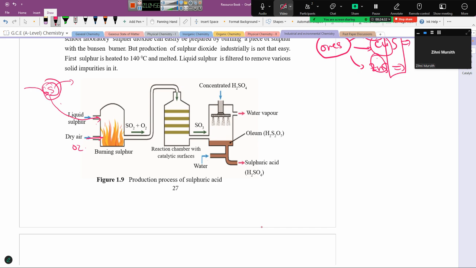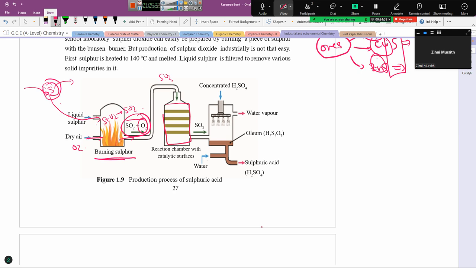The reaction happening in this chamber is the burning of sulfur: sulfur plus O2 becomes SO2. Now SO2 gas comes through this, and it is again mixed with oxygen gas, right? So SO3 gas will come.